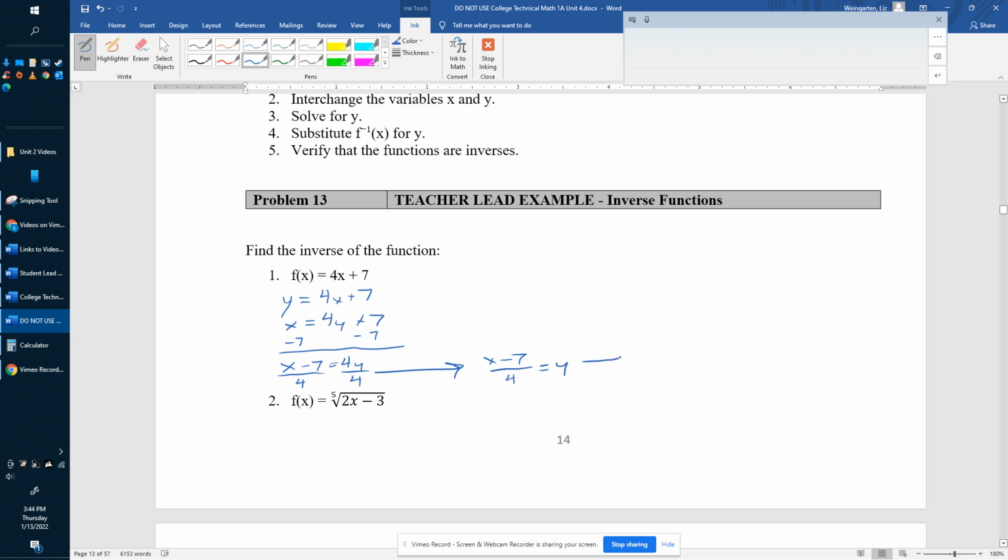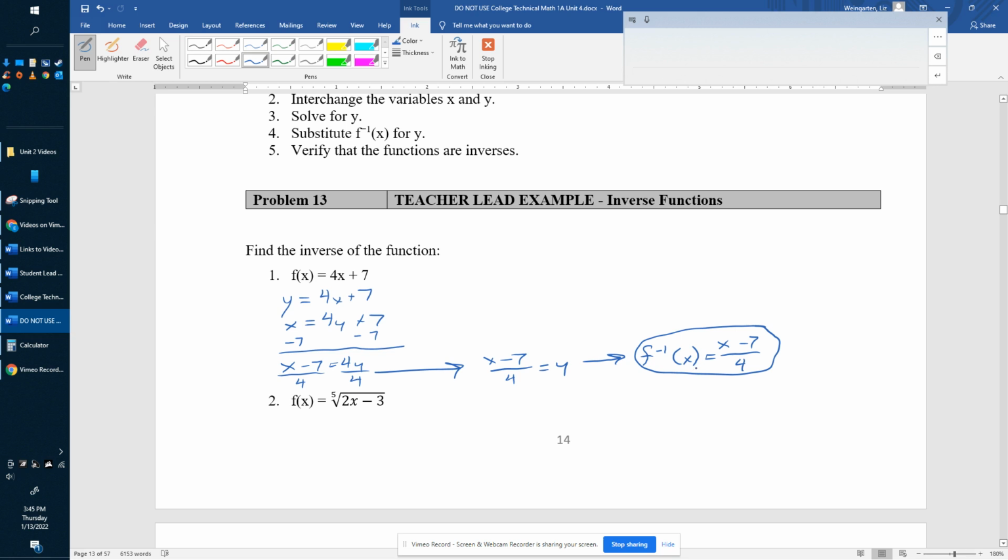And then our final step is to substitute in f to the negative 1 of x, the inverse of f of x, equals x minus 7 over 4, and there's your answer. Then we check our answer. So we could plug a number into f of x, and then plug that number in here to make sure it comes out.